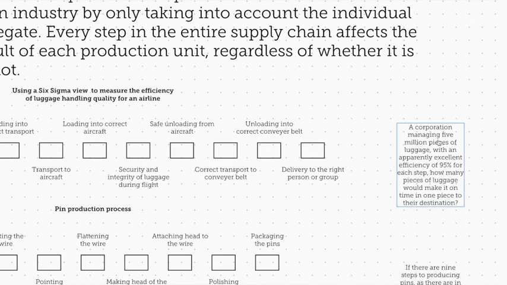if a corporation is managing 5 million pieces of luggage, which is not a very unusual number for international corporations, international airlines, and you have a supposedly excellent efficiency of 95% on each step, then how many pieces of luggage would actually make it on time in one piece, right, with the right quality, and obviously delivered to the right person to the destination?